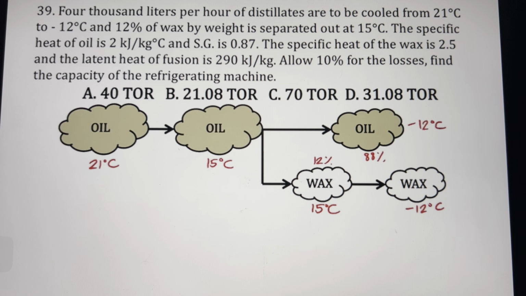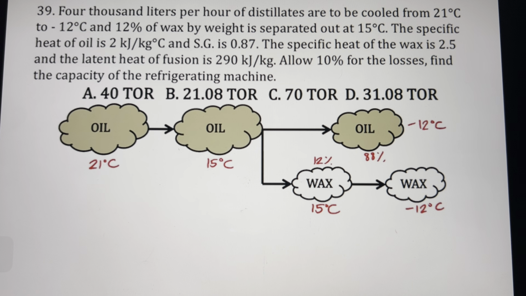That will be 0.87 times the density of water, 1 kilogram per liter, times our volume, which is 4,000 liters per hour.